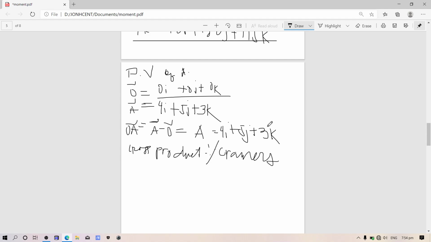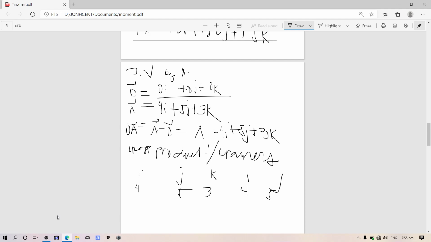So, Cramer's rule lang yung gagawin natin. So, ganun uli. IJK, IJ. So, sulat uli natin yung value kanina. So, ang nakuha natin kay A ay 4, 5, 3. Ulitin mo lang si 4 saka si 5.